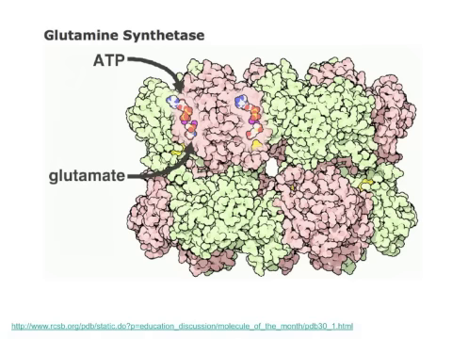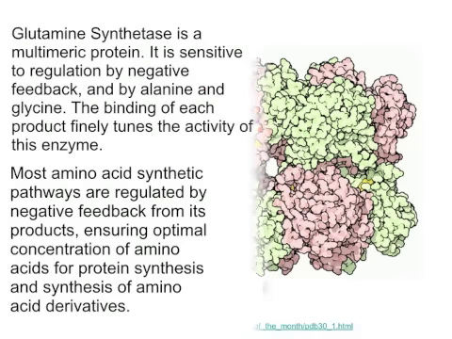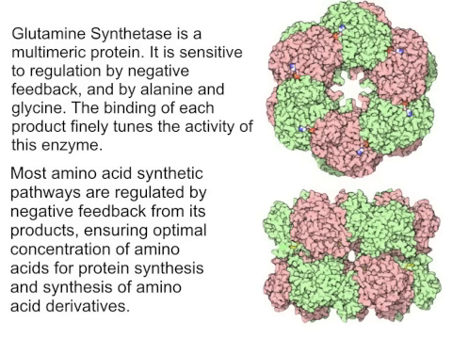For this reason, it's very important that this enzyme be regulated. Glutamine synthetase is a multimeric protein that's sensitive to regulation by negative feedback through its products and by alanine and glycine. Now, the binding of each of these products finely tunes the activity of the enzyme to turn it up or down a little bit, or to completely shut it down.